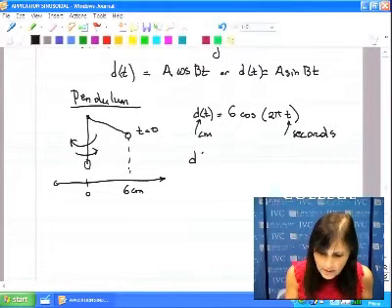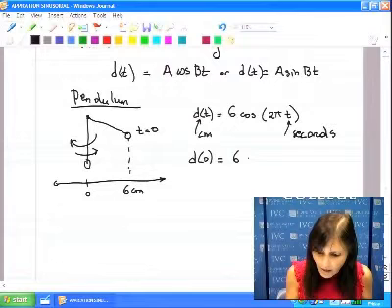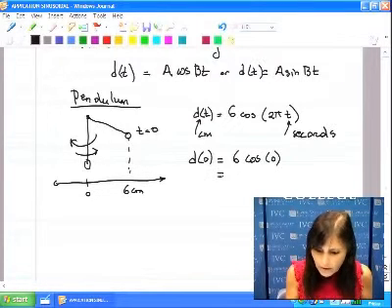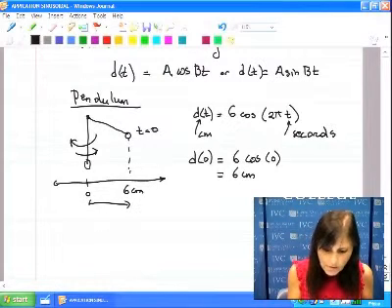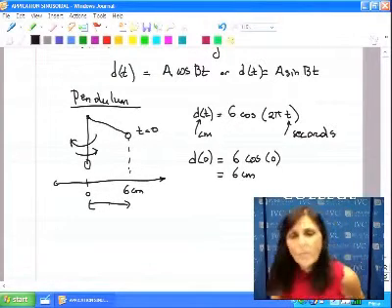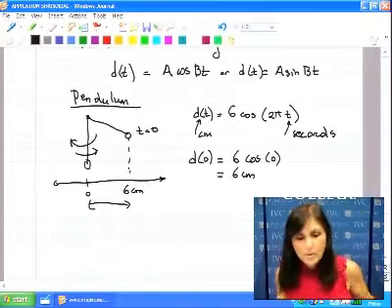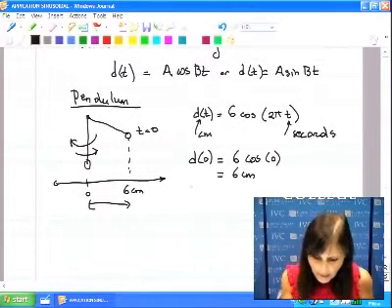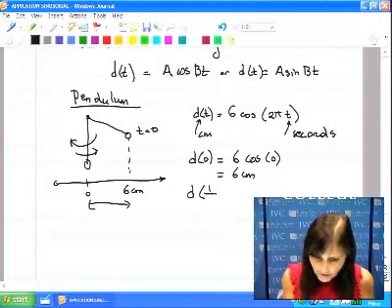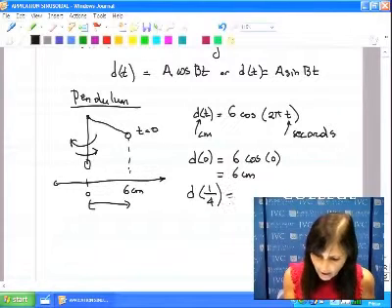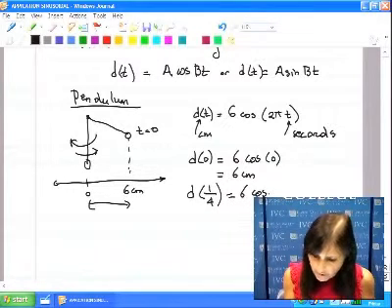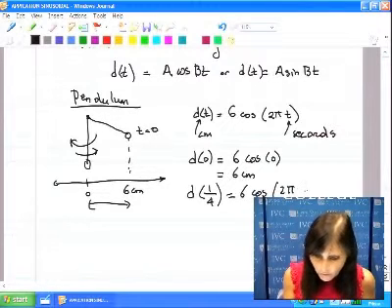Let's say in d of 0, at time 0, what do you have? You have 6 times cosine of 0, and cosine 0 is 1. So it is 6 centimeters. At time 0, it is 6 centimeters away from its rest position. Let's say at 1/4 of a second, what do you have? 6 times cosine 2 pi times 1/4.